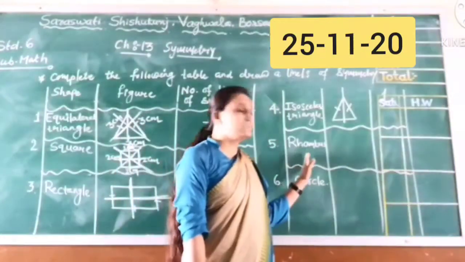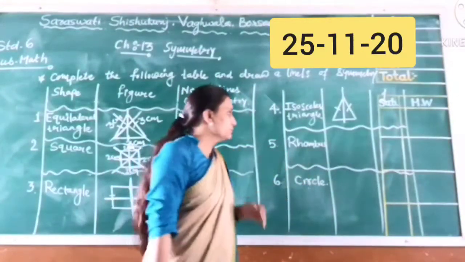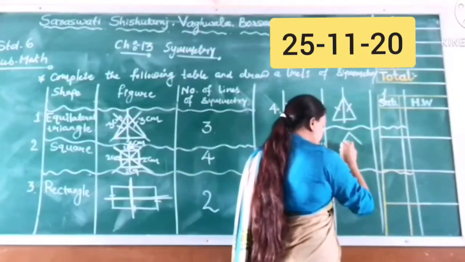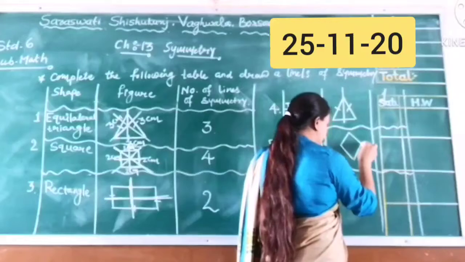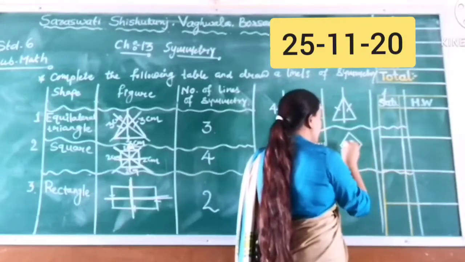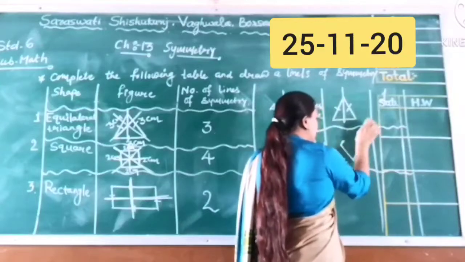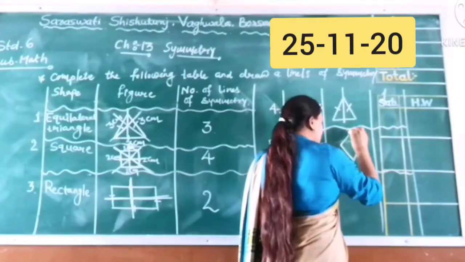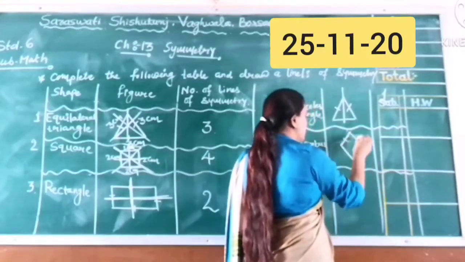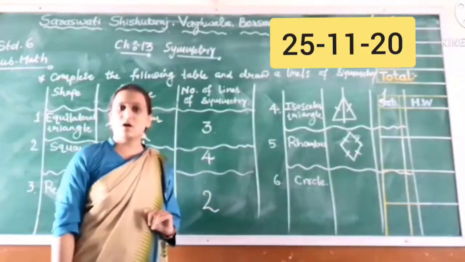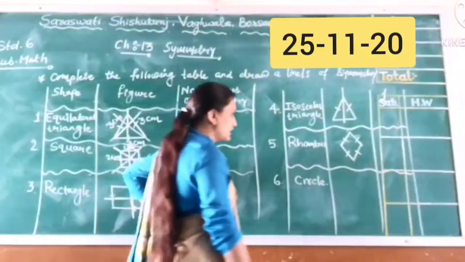Now the fifth one is the rhombus. In a rhombus all 4 sides are equal. This is known as a rhombus. A rhombus means the shape of a kaju katli. So this is your rhombus. All 4 sides are the same. How many lines of symmetry can we draw in a rhombus? Let us draw the first line of symmetry.